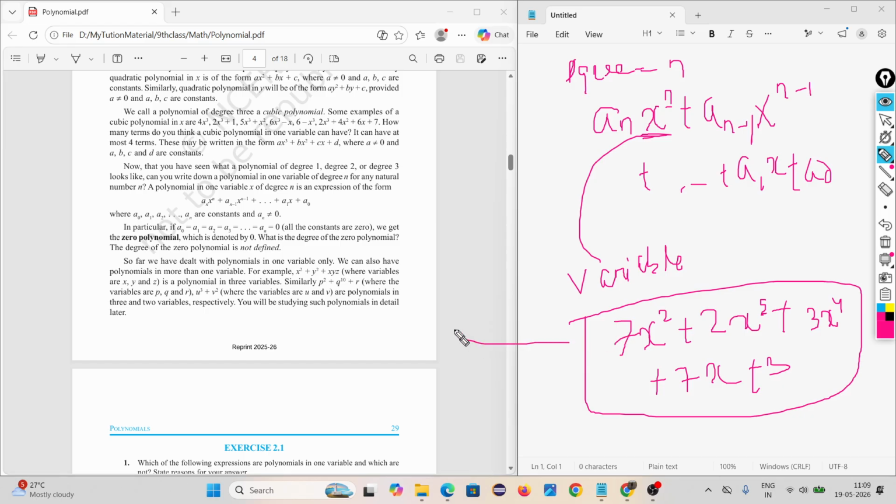Yes, sir. Take the highest power as the first term, then 3x^4, that means the n minus 1 term. Are you understanding? This is the concept.